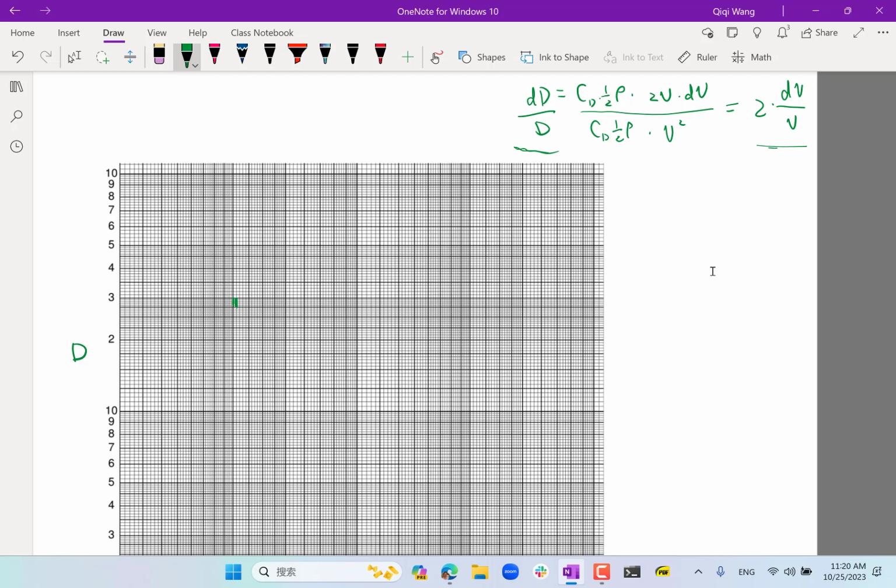Let me see. I think this line may not be exactly 1%. So this is 1, okay, 1 and 2. This is actually 2%, I think. Yeah, this is 2%. So any fixed small length is actually a percentage increase. So if you know dD over D is equal to 2 times dv over v, then what you really know is that we are drawing a slope of 2.